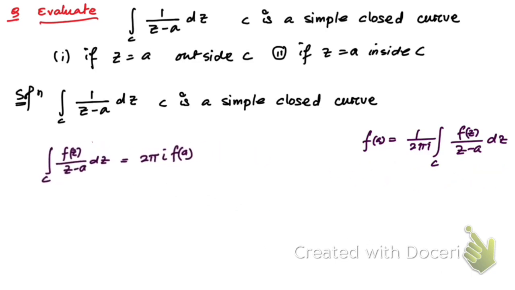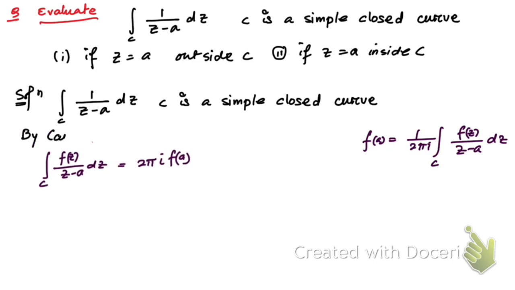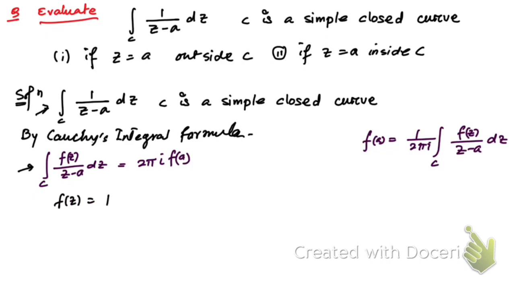By Cauchy's integral formula, if you compare these two, you get f of z is nothing but 1 in this case, and z minus a is the same in both. That's no problem here.